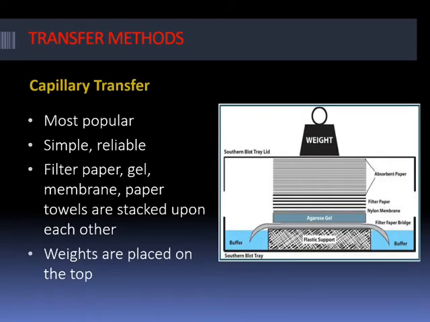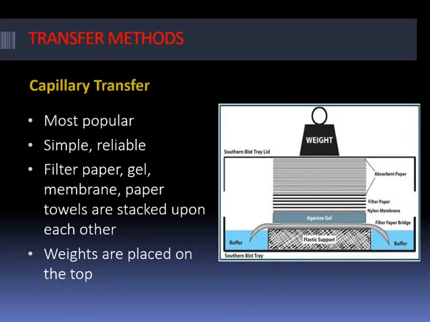Now the transfer method, how it is transferred. This is the most popular, simple, reliable method. Gel, membrane, filter paper and towels are stacked on each other, and weights are placed on top. You can observe this in the picture. They have taken a plastic support and a buffer.